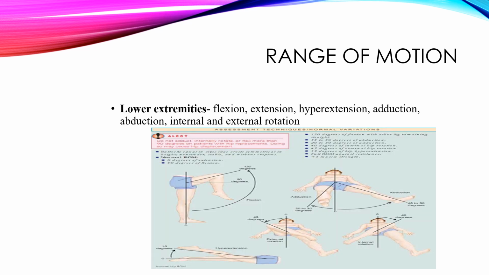The lower extremities, we will focus on the flexion and extension of the hips, knees, and ankles. So you have these pictures that kind of show you some of these movements.